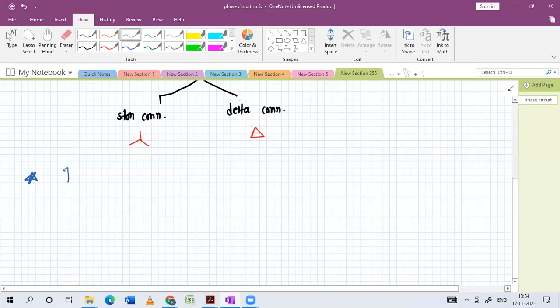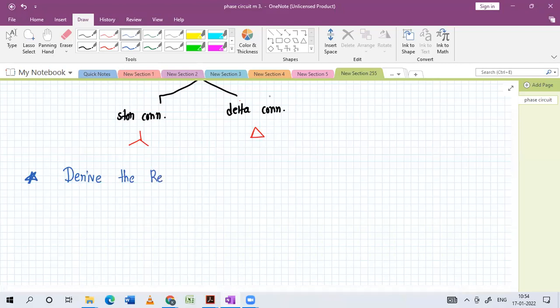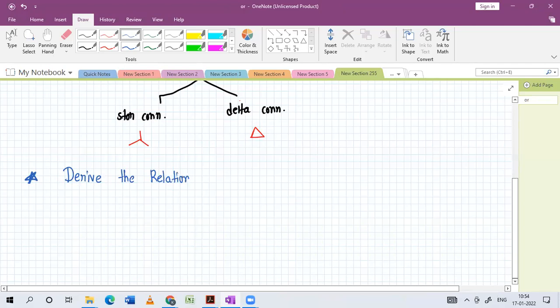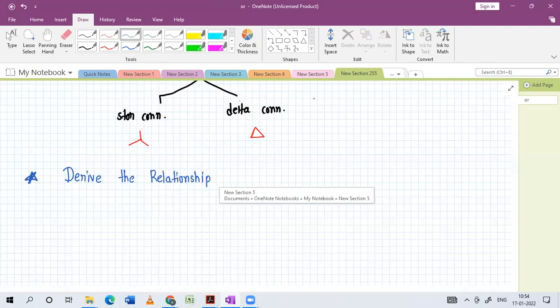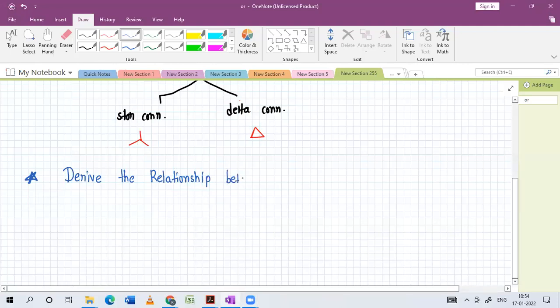Derive the relationship between line voltage and phase voltage, line current and phase current.